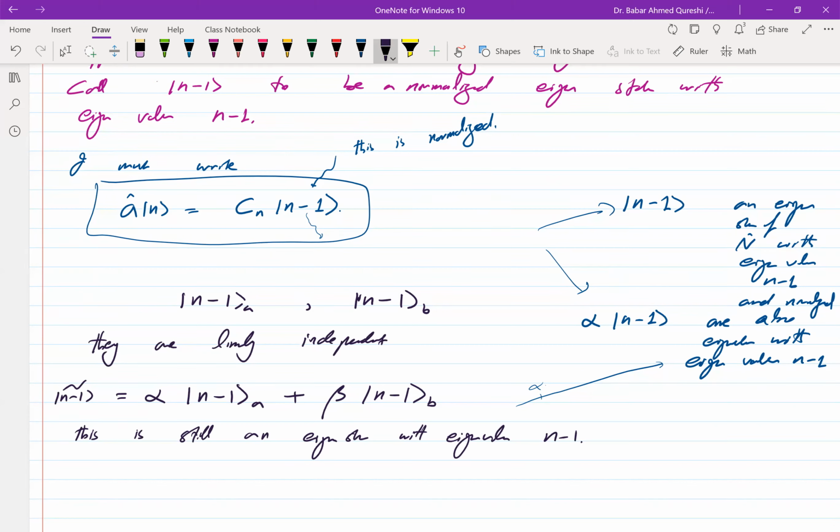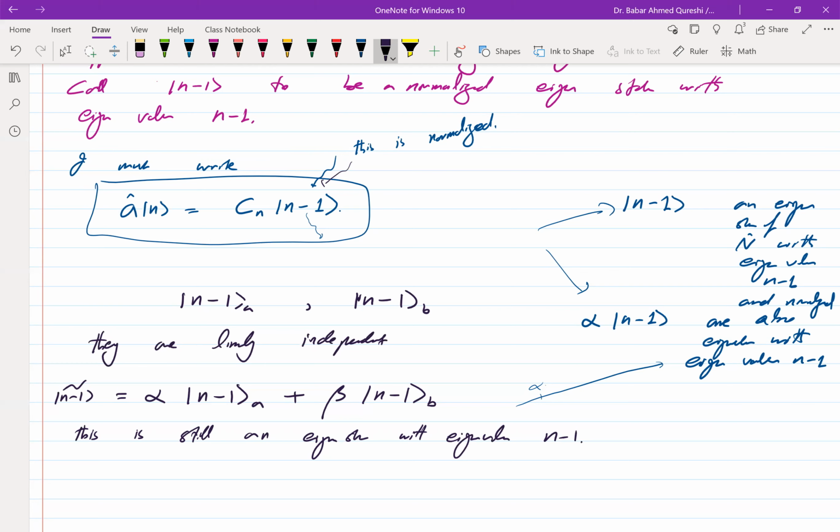So how do I know that there aren't two states or three states or let's say m states with eigenvalue n minus 1? If there are, then I shouldn't write it as one normalized state. Even if it's one normalized state, it would be some linear combination of many linearly independent states. Maybe it is, but my claim is that it's not. It's just one state, and you do not have any degeneracy involved.